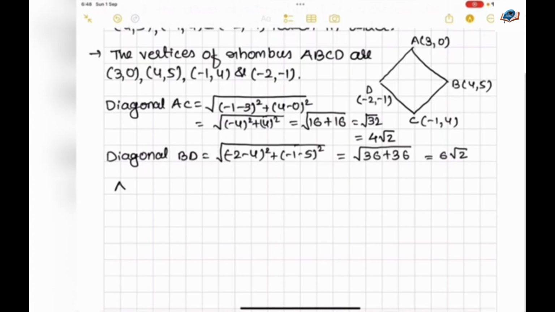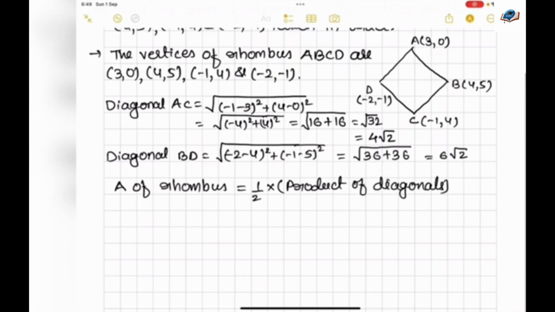So now we know that area of rhombus equal to half into product of diagonals. So I can say that will be half into AC into BD.